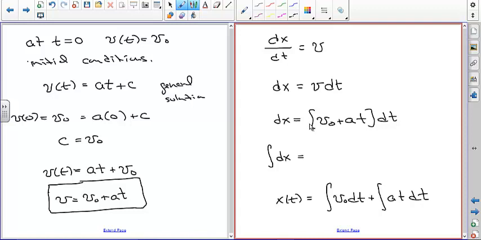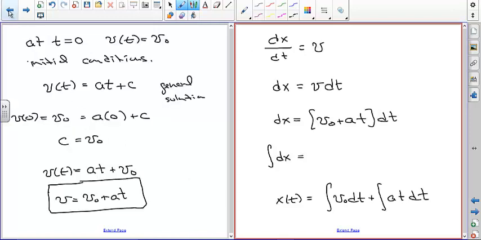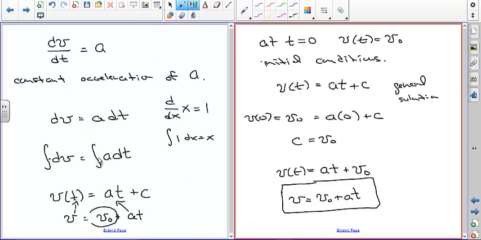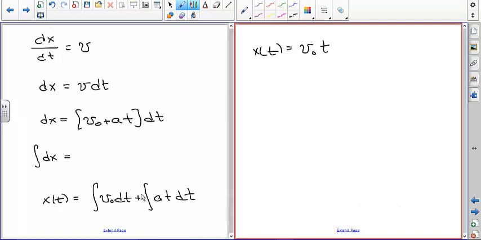So one of the rules of integrals is the integral of a sum is the sum of the integrals. Well, here it's just like before. v0 is a constant. That's my initial velocity. The integral of dt is t. So just like before, when I integrated a dt, it was just a times t. So over here, the integral of v0 dt is just v0 times t.